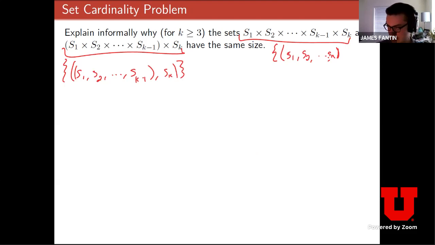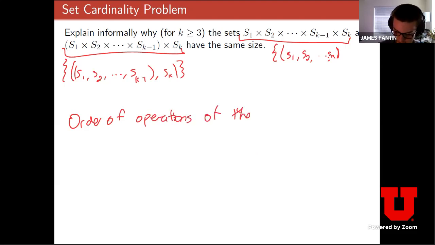So while the elements are different, the takeaway here is that the order of operations of the Cartesian product does not change the size of sets.